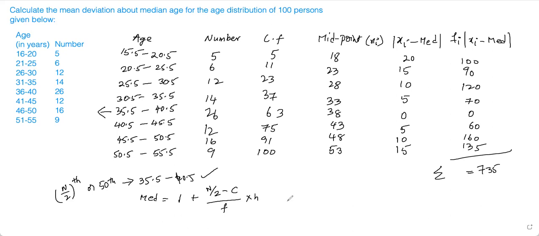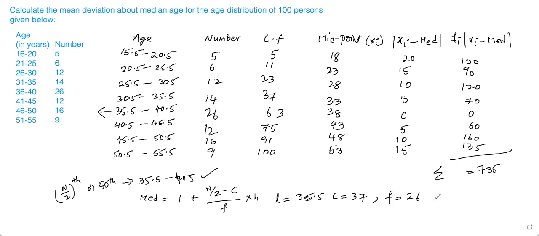So here l, the lower limit, will be 35.5, and c is 37, and f is 26, the frequency is 26.